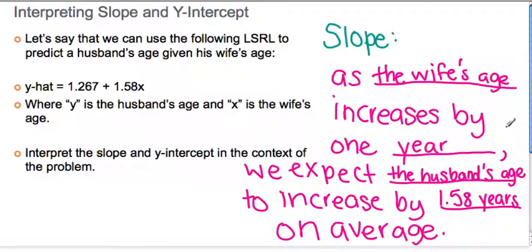So if we're comparing two couples, if the wife is 1 year older, we'd expect the husband to be 1.58 years older on average.